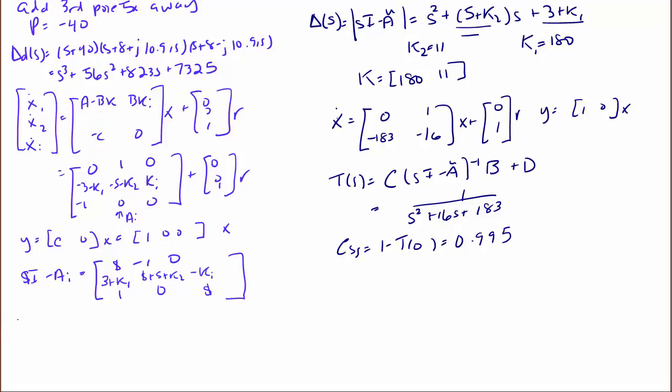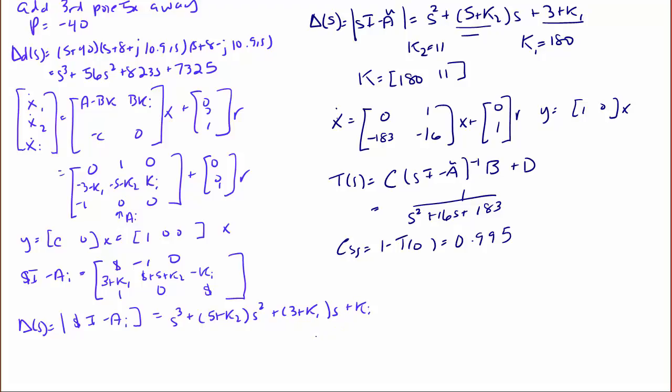So now the characteristic equation is the determinant of sI minus A_I, which equals s cubed plus (5 + K2)s squared plus (3 + K1)s plus K_I.